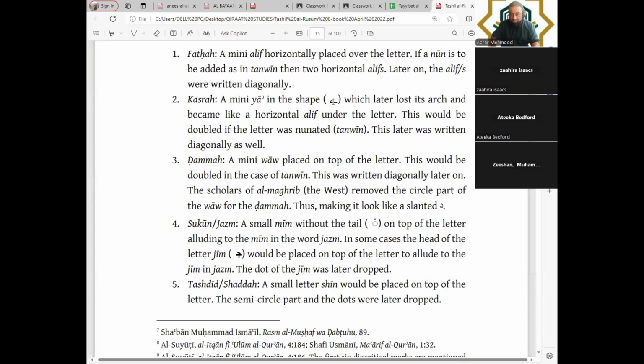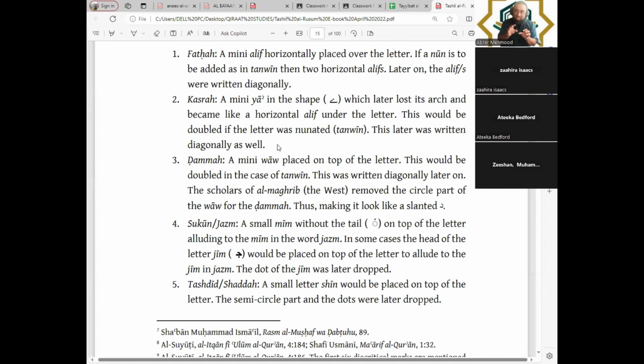So this arch here was taken off. It would remain a single line, and then it was doubled when it was tanween, meaning double fatha, double kasra, double dhamma, double zabr, double zir, double pesh. But later on, it was used diagonally for a standing kasra, or kara zir, as some of us know it in the South Asian context.